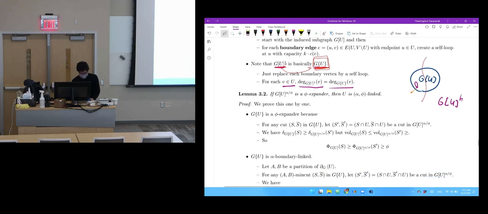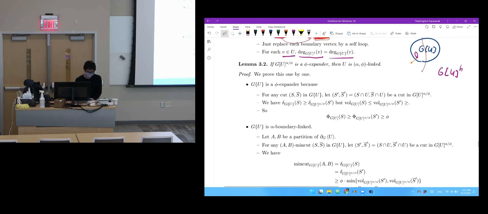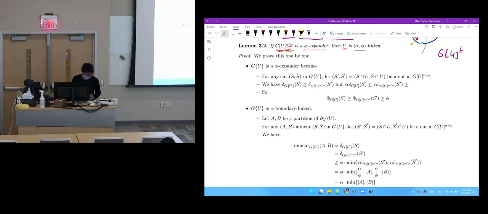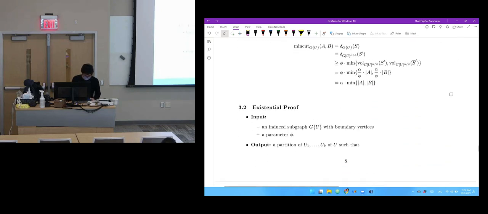We can show that if you put this much weight on each boundary edge, look at this graph, and this is a phi expander, then you will be alpha-phi linked. The proof is simple, and I will just skip it.